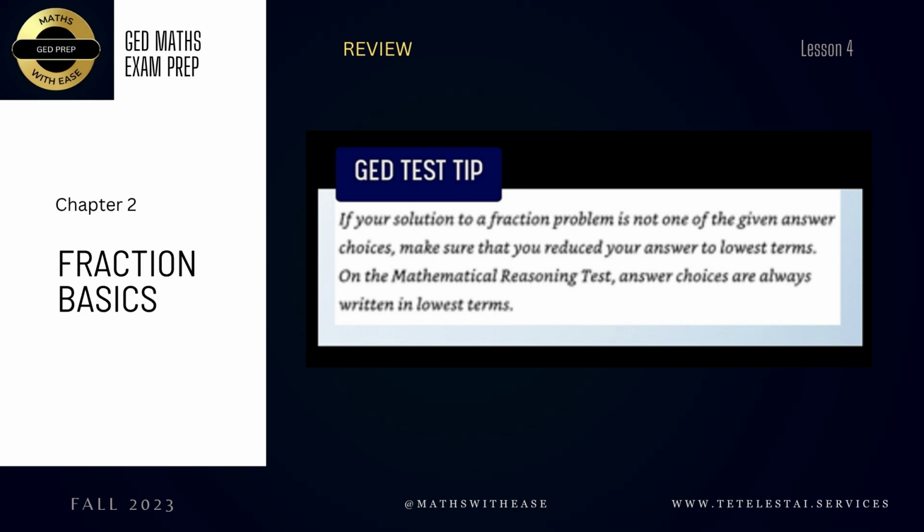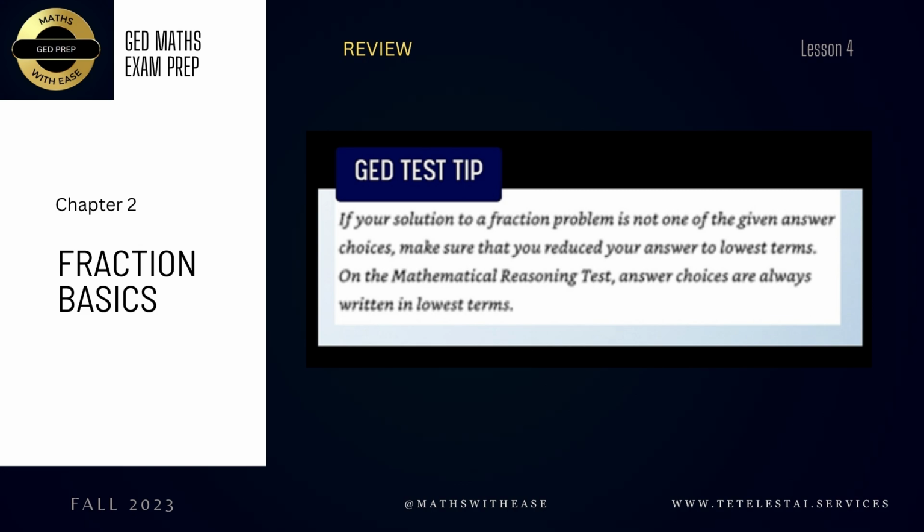Because you may actually have the right answer, but it's not reduced to its lowest terms, right? For example, if you had 2/10 and you're seeing 1/5, 2/10 and 1/5 are reflecting the same quantity, if you want to think of it in terms of those circles that we saw earlier.